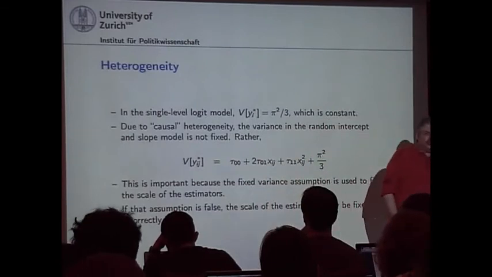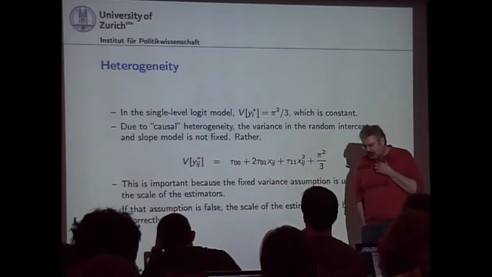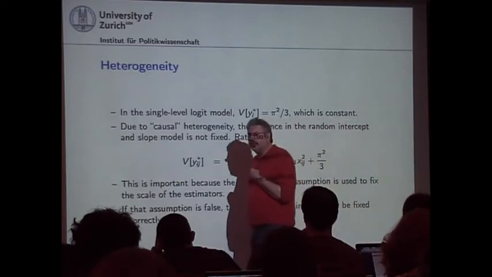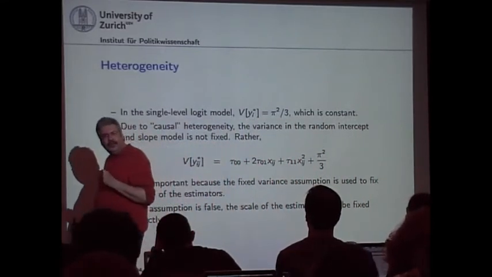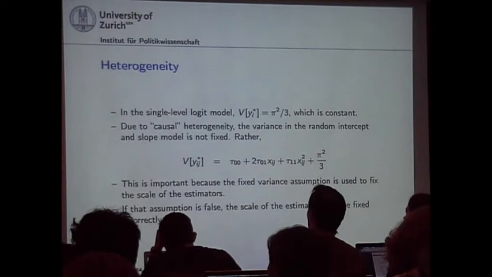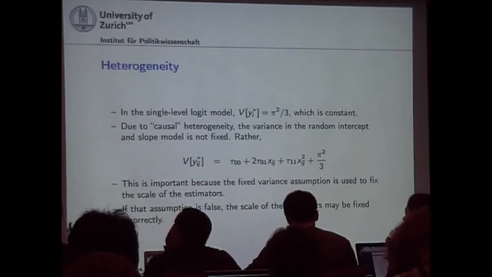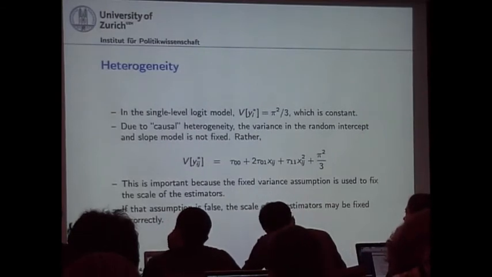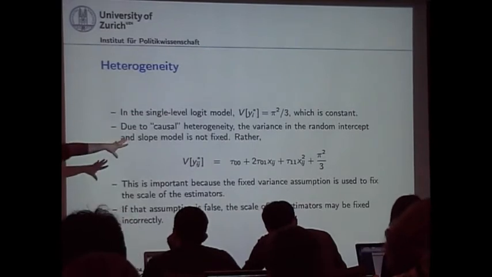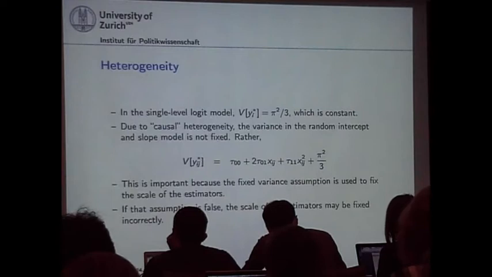And I want to dwell on this point a little bit because this is another big difference with the hierarchical linear model. If you have clustering in a linear model, it doesn't mess up your estimates, it messes up your standard errors. But if you have clustering in a logit model, at least of this variety, then it messes up your standard errors, but it also potentially messes up your estimates.